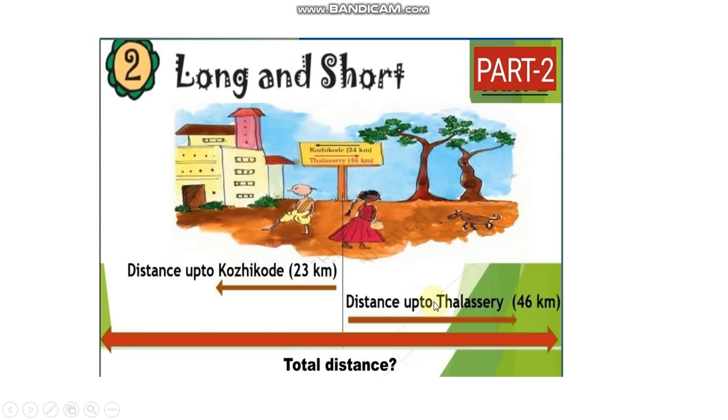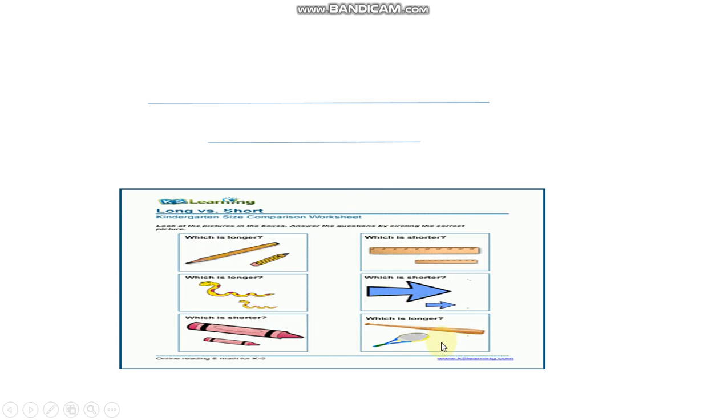So, students, observe these things and find the difference between them. This is the first picture. This one is big, this one is small. This is a big scale and this is a small scale. This is a big arrow mark and this is a small arrow mark.